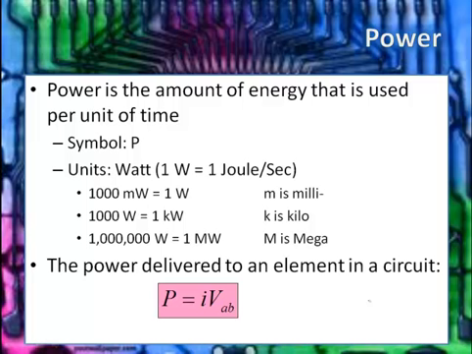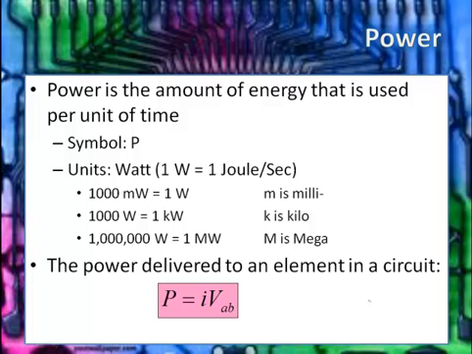Now, power is simply the amount of energy that gets used up per unit of time. We've talked about power before. It has the symbol capital P. The units are watts, and I think you remember that a watt is using 1 joule of energy per second. Power can come in all sorts of different sizes. Very simple devices might only use milliwatts of power.